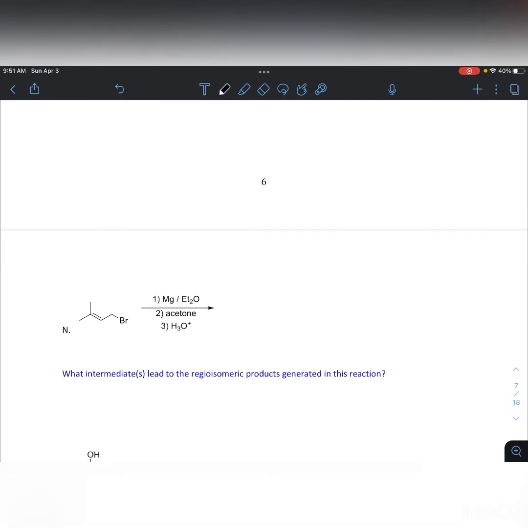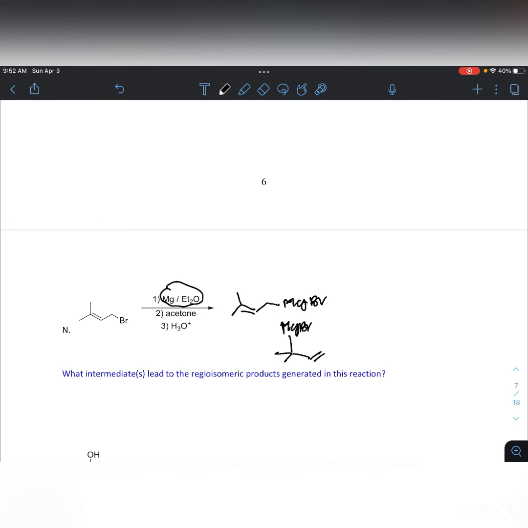So this is magnesium, so you're most likely going to make the Grignard reagent. This problem is tricky because one would think that you will form this product. You can also form the Grignard product occurring at the other side. So you can also form this one.